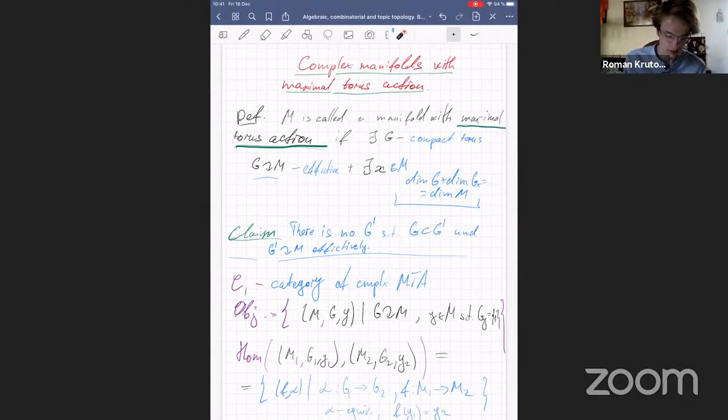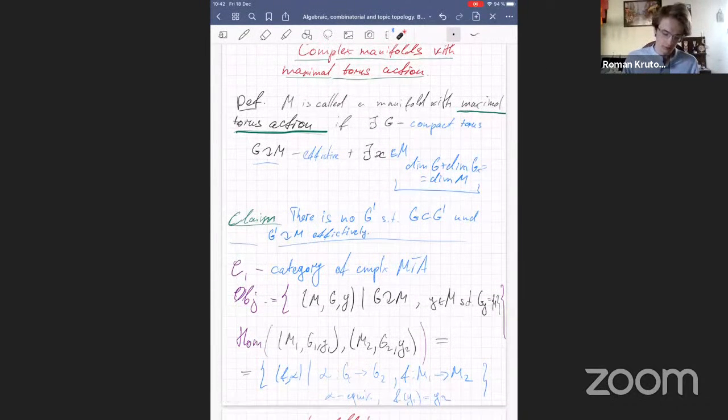It may seem like a strange condition, but it guarantees that this torus is a maximal torus acting effectively on M, in the sense that there is no other compact torus G prime such that G sits inside G prime and G prime acts effectively on M. This is not a very hard claim to prove.